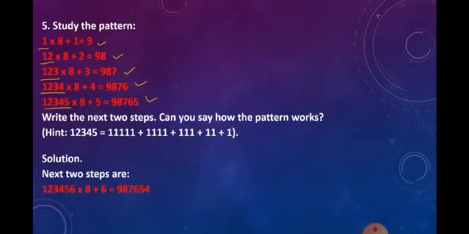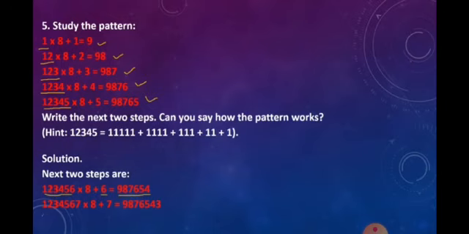So can you write the next two steps now? The next step will be 1, 2, 3, 4, 5, 6, moving ahead in the forward direction. Multiply by 8 is common, plus 6, which is equal to 9, 8, 7, 6, 5, 4, moving in the reverse direction.